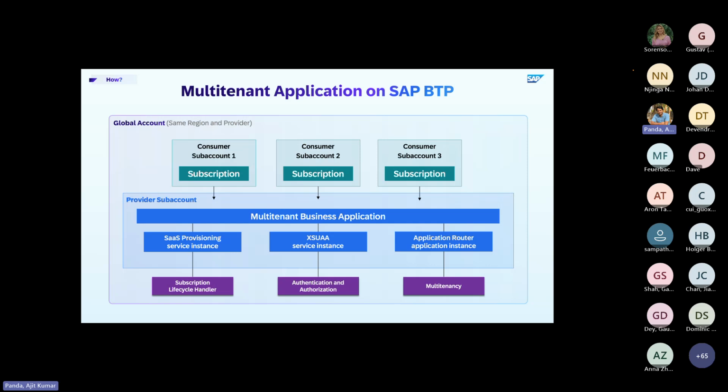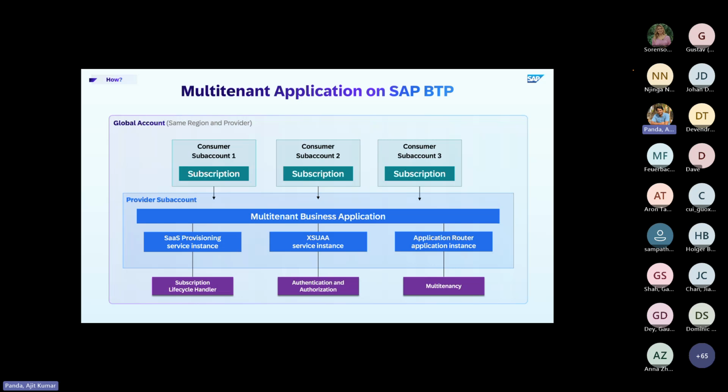So first, the application provider deploys the multi-tenant application to the provider sub-account. Upon deployment, the multi-tenant application is registered with the SAP SaaS provisioning service, basically a SaaS registry, which makes the application available as a subscription to consumers.